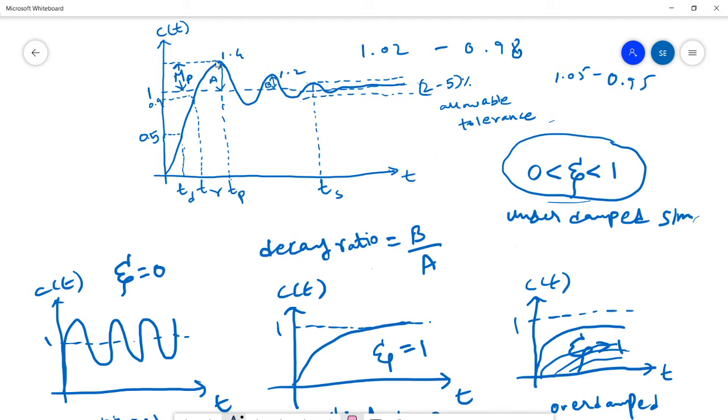Peak time is the time where the maximum peak overshoot occurs. If you are considering the critically damped system, there is no overshoot, therefore the peak time is actually a steady state value, right? So that is the problem: we can't find overshoot and peak time for a critically damped system.